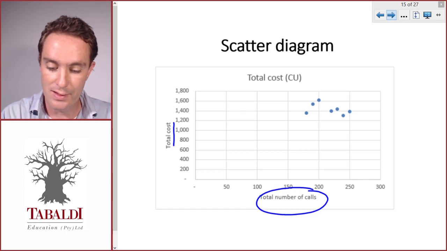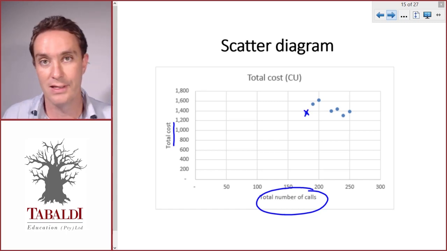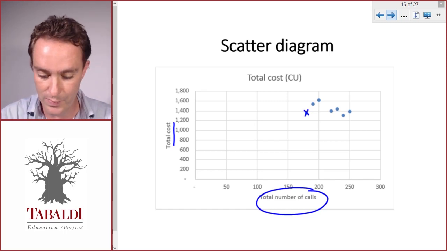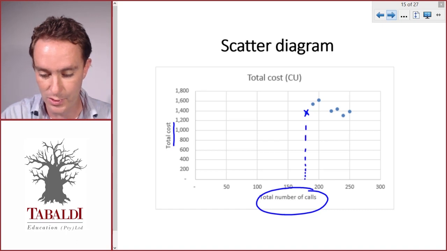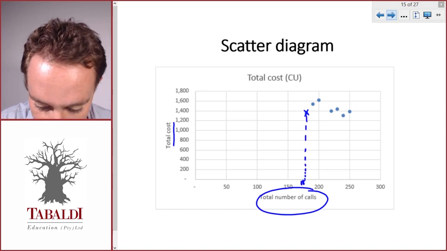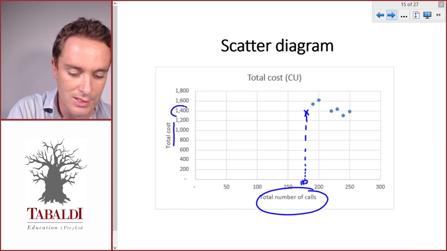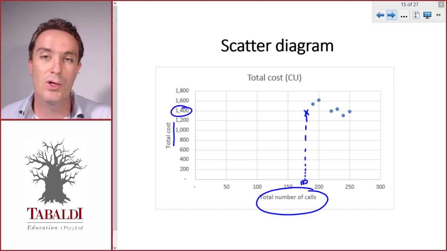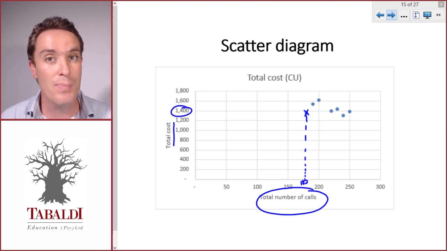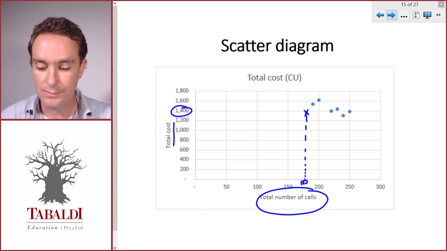For each month we have a little dot like this. This would have been the month where there were about 180 calls, and that cost us 1,400, and then we plotted each of the 7 months from our past telephone bills.